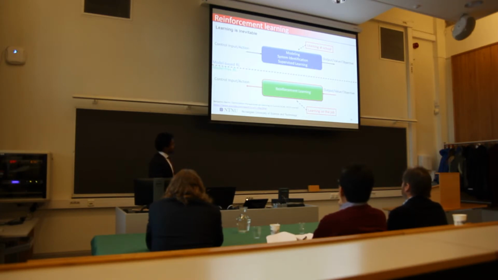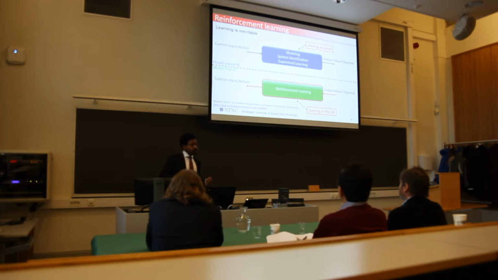Now that is in our domain called modeling, or in traditional control it's called system identification, but in the field of artificial intelligence it's starting to be called supervised learning. But it's the same approach, it's the same thing. So I would call it learning at school. You learn at school all you want to learn, and then you go and work, use that learning.